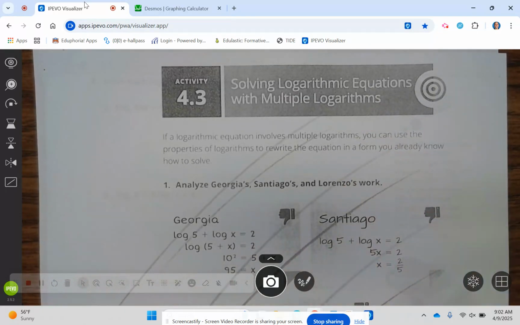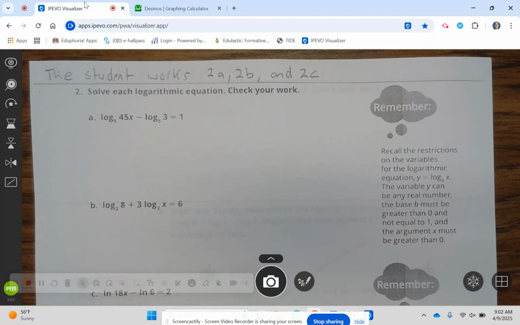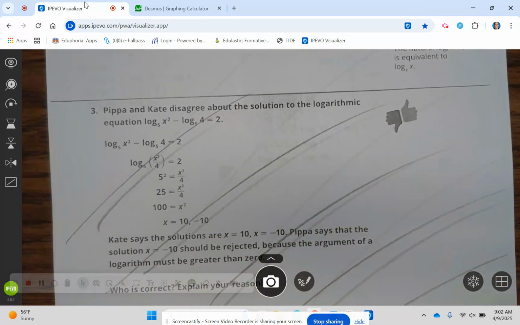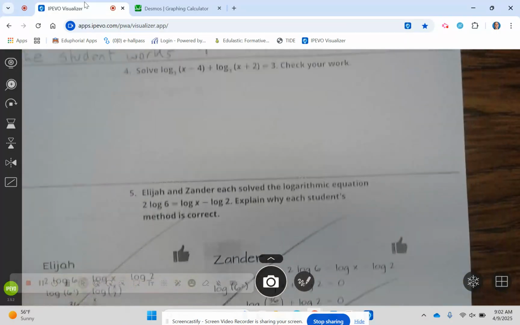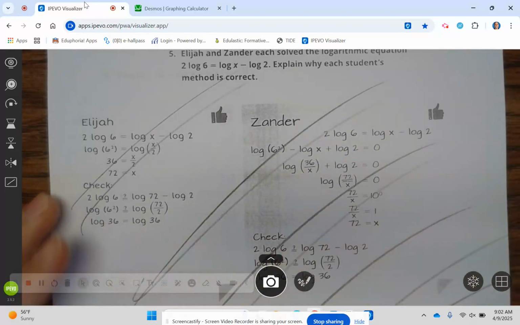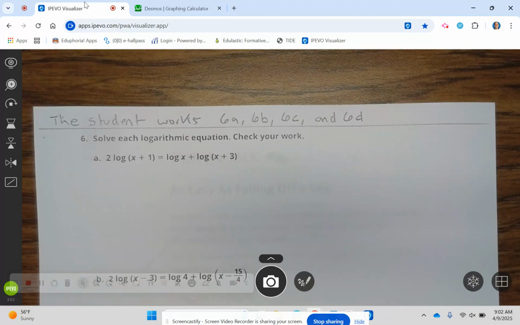Go ahead and mark out this page. The student works 2A, 2B, and 2C. Go ahead and mark out 3. The student works 4. And then go ahead and mark out 5. The student works 6A, 6B, 6C, and 6D.